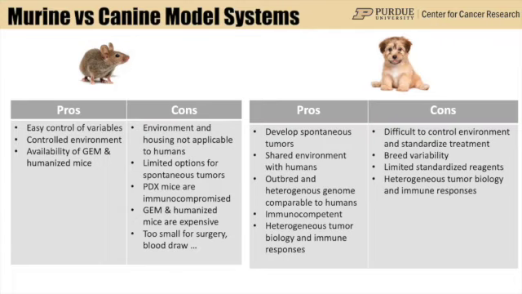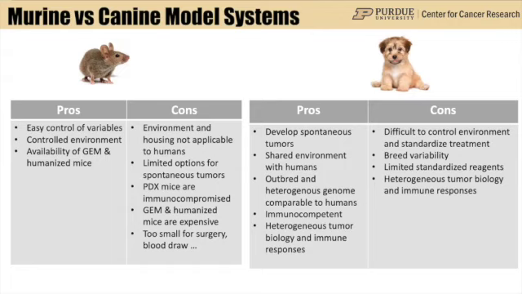There is still, of course, a place for mouse model systems, and there are a number of pros and cons of each of these systems, mice and canines. Some of the pros of mice, or murine model systems, are that it's incredibly easy to control the variables and the environment. There's also the availability of genetically engineered mice and humanized mice.